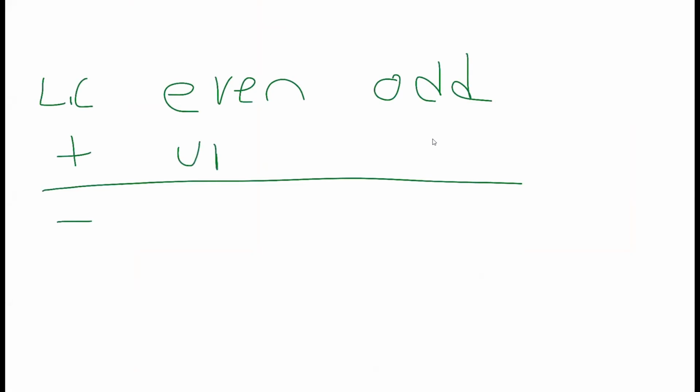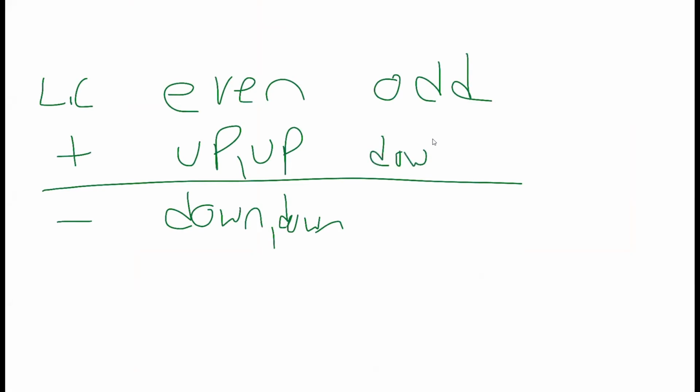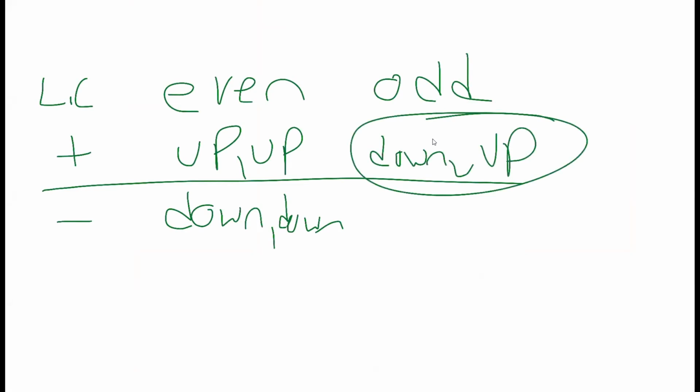A positive even goes up and up, down and down. If you remember that table, that's how I knew, since it was a positive odd function, that it goes down and up. That would be like that problem from before.